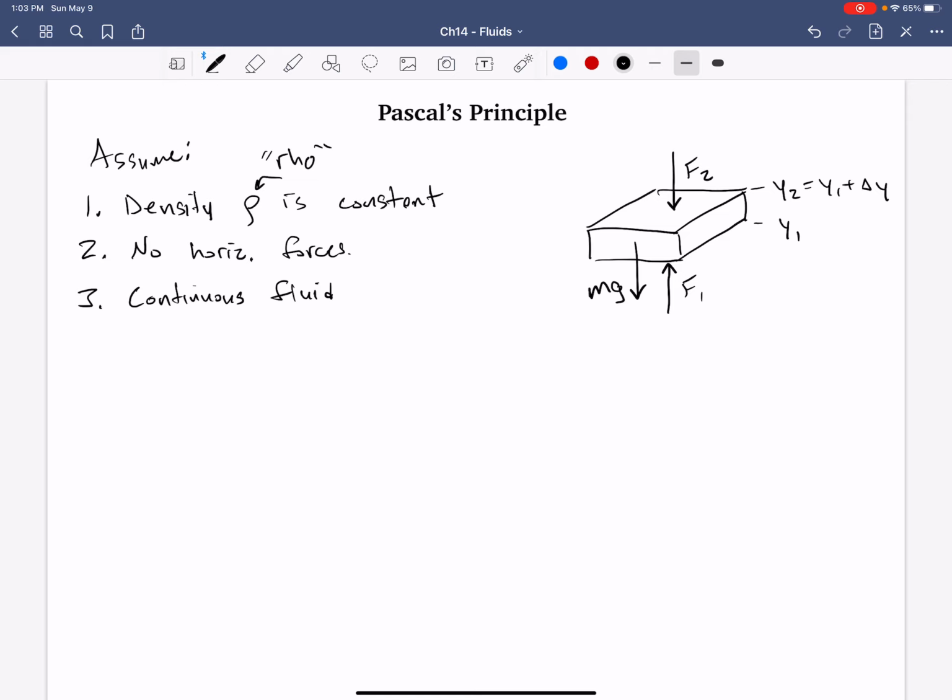I should also say that both the top and bottom have some area. We'll call that A. So the volume is then area times this delta y. What else do I need? I need to assume that the region of fluid around it is just some standard density rho, and that's the same as in here as well.